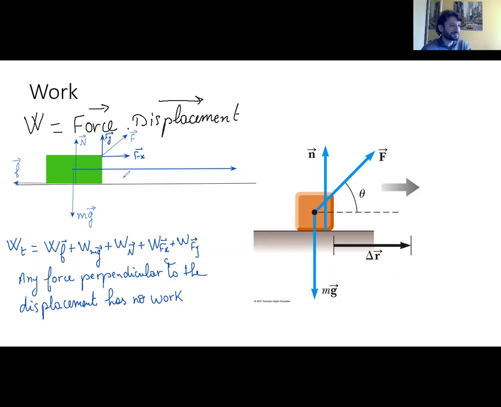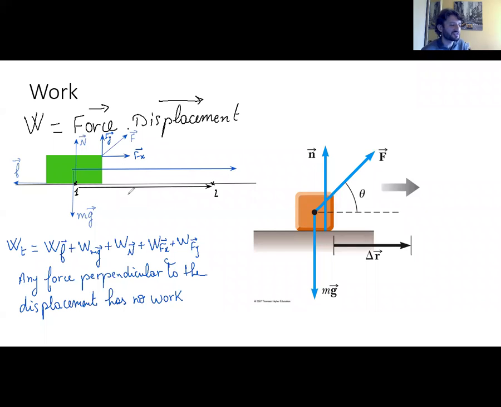You see here, the displacement depends only on the initial point and the final point of the position. Let's say we have an object initially at position 1 and finally at position 2. The displacement is a simple vector from point 1 to point 2.